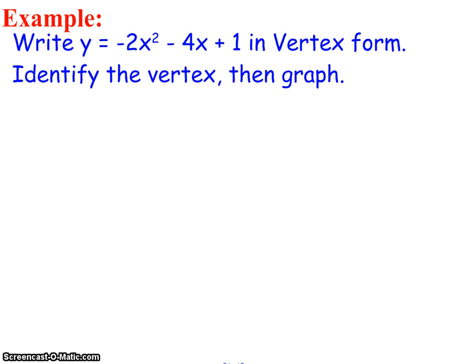So here we're going to do it a little bit different. Because you're not doing anything to the left of the equal sign, instead of dividing by -2, we are going to factor it out. You're going to factor out the -2. Before you do that, we need to push that 1 to the right.